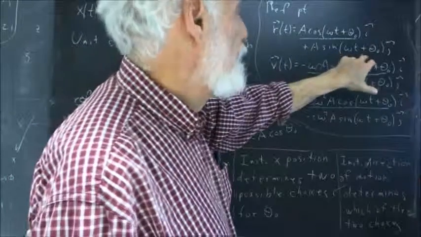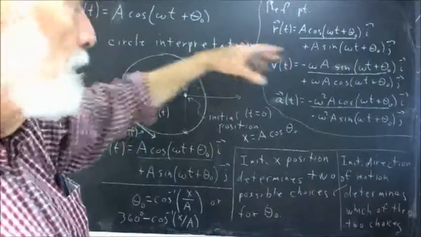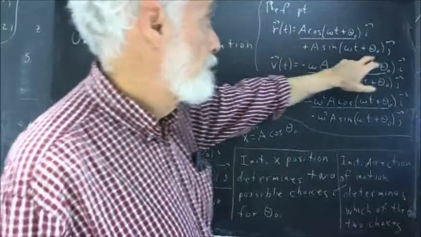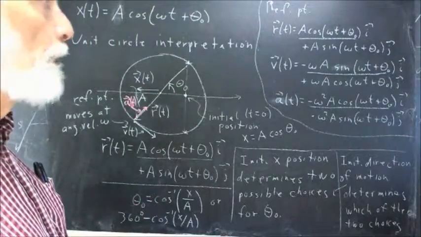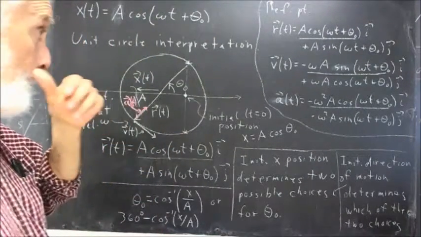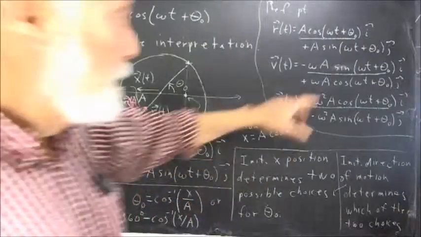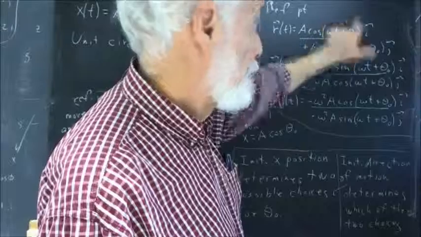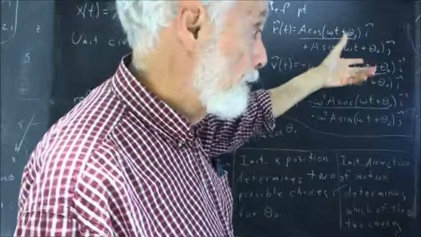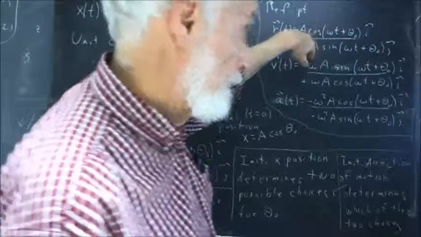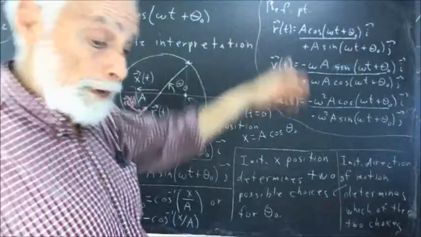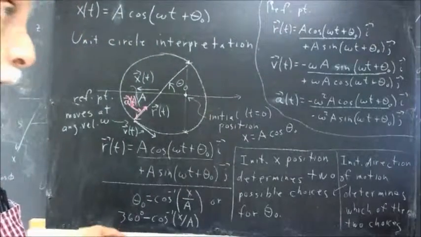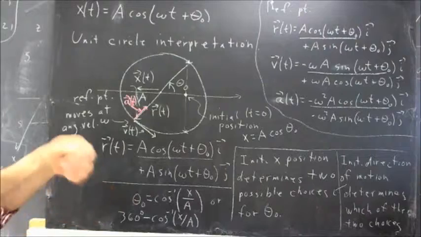The sine function, of course, at t equals 0, starts at a different position than the cosine would, so you would have a different theta naught. You can work out those details. I don't want to go into too much detail on that right now because we'll lose the thread. The only difference between this function and this function is that the theta naught would be different. The theta naught is going to differ by 90 degrees between a cosine and a sine function because one of those functions is 90 degrees ahead of the other, and the other, of course, is 90 degrees behind that one.